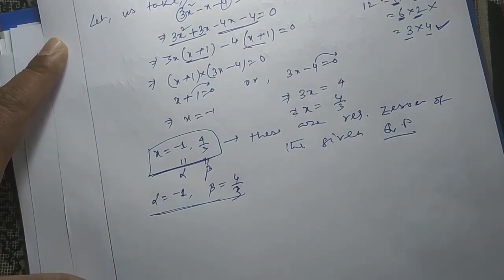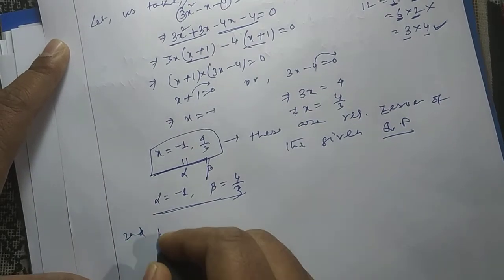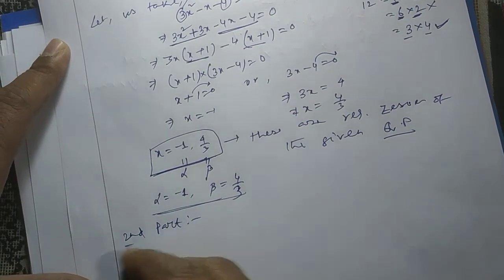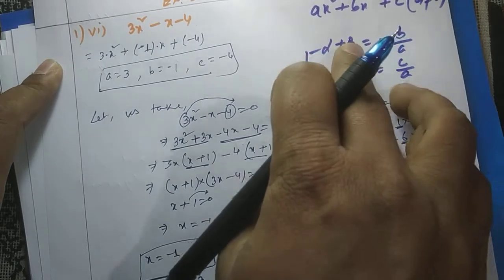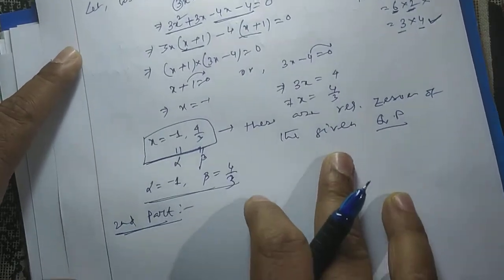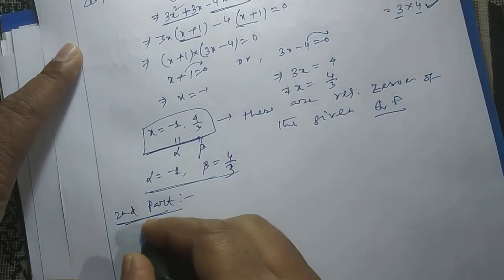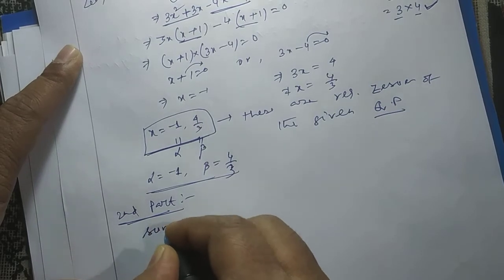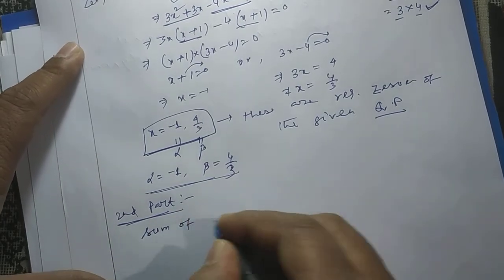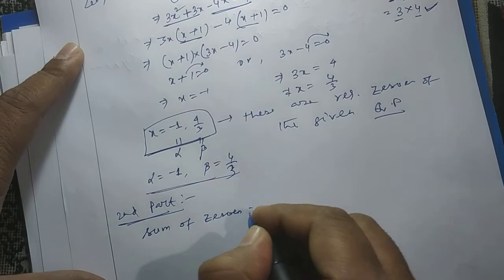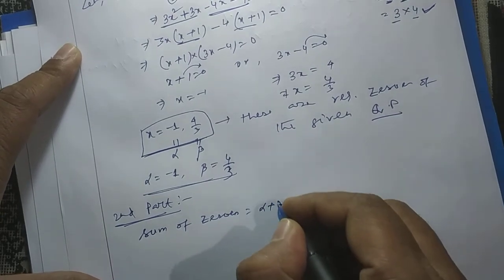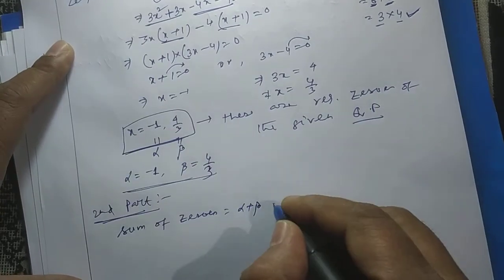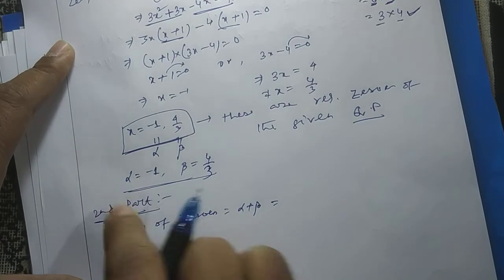Now let us come to the second part. Second part means we need to verify the given relations. That is the second part. Now first, like before, find the sum of the two zeros. Alpha plus beta. What is the value of alpha here?